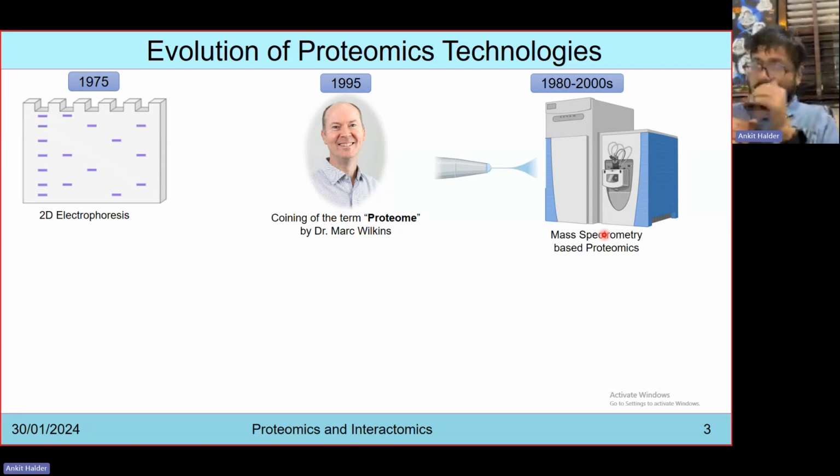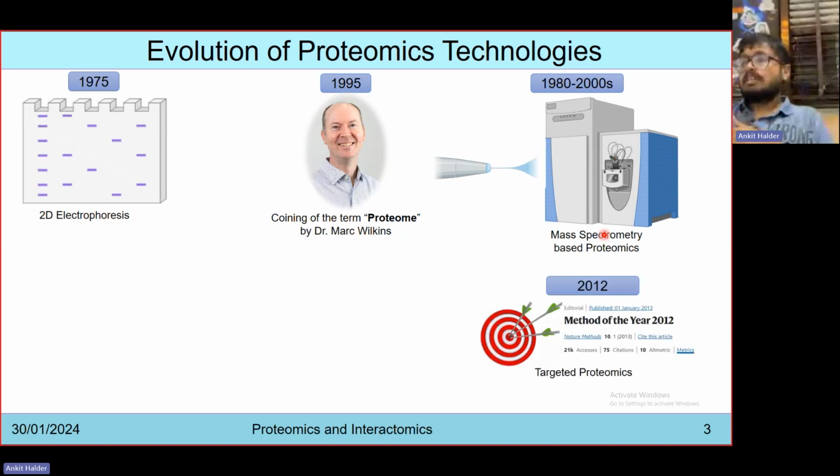Another thing that emerged between the 1980s and 2000s was the ionization techniques and mass spectrometry based approaches. With this advancement, one can try to identify as many proteins as possible. Then came targeted proteomics, which we will look into.